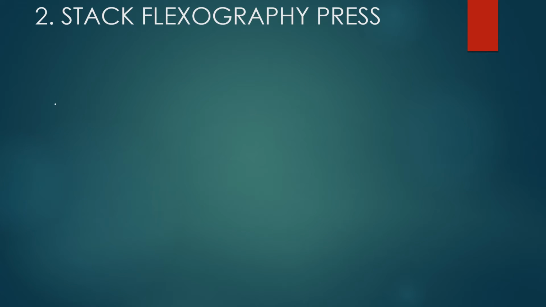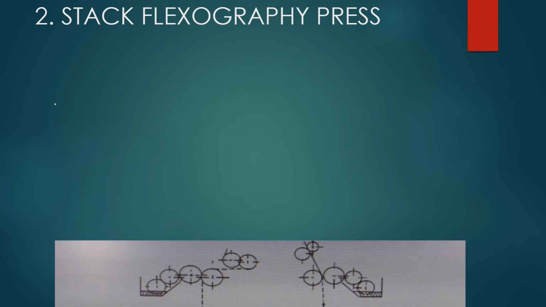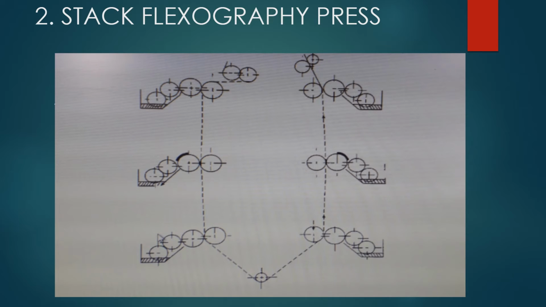The next type of press, the second one, is the stack flexographic printing press. You can see the schematic diagram of the stack type flexographic printing press or machine.